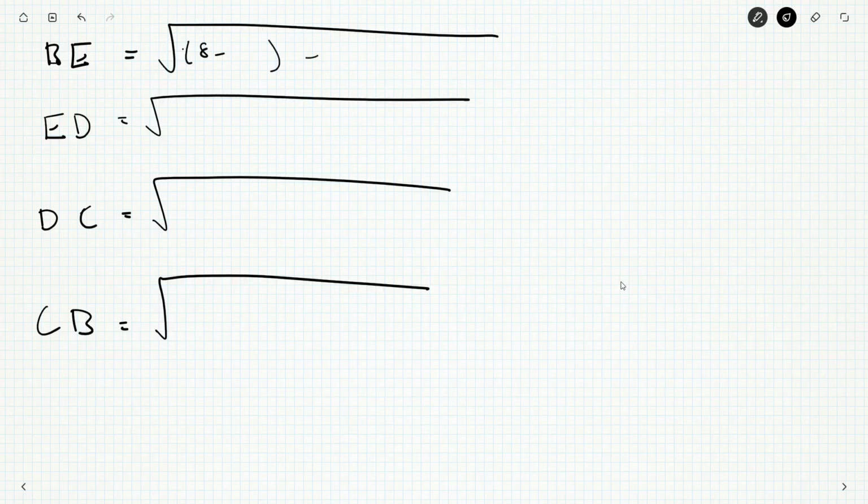So it's 8 minus, and I can't remember, it's 12 for the x-coordinate and 6 for the y-coordinate.